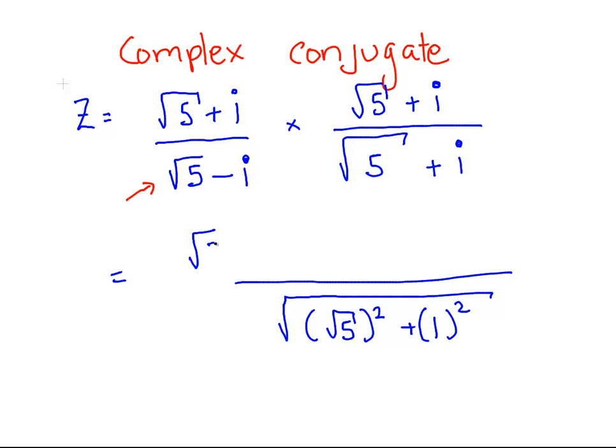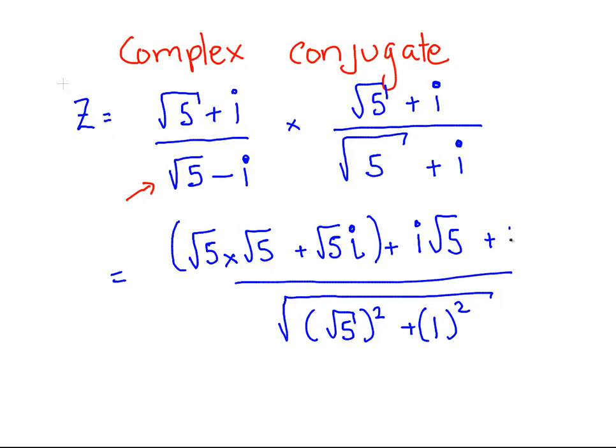So square root of 5 times the square root of 5, plus the square root of 5 times i, plus i times the square root of 5, plus i squared. And as we all know, i squared is equal to minus 1. So let's replace that and put minus 1 there instead.